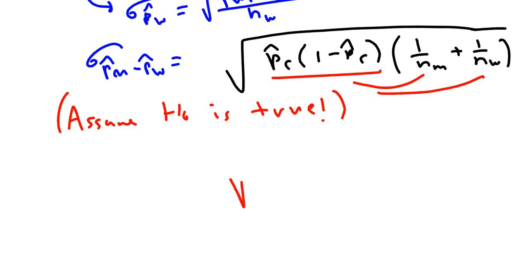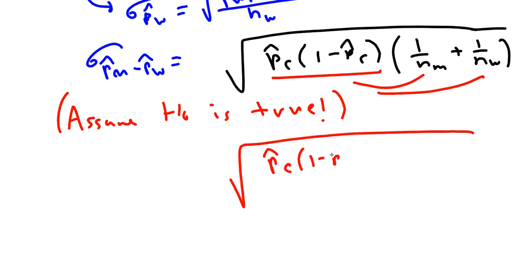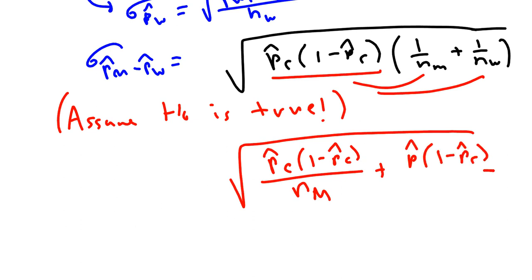So you could write the square root of p hat combined times 1 minus p hat combined over number of men plus p hat combined times 1 minus p hat combined over number of women.